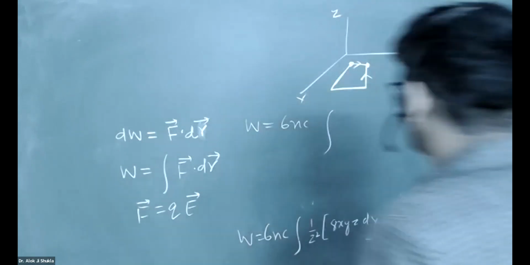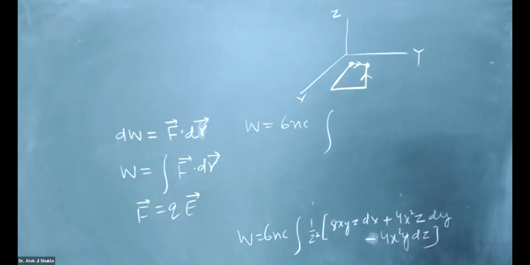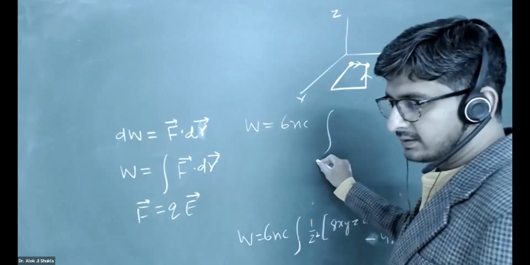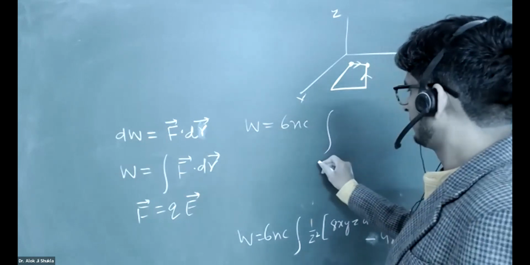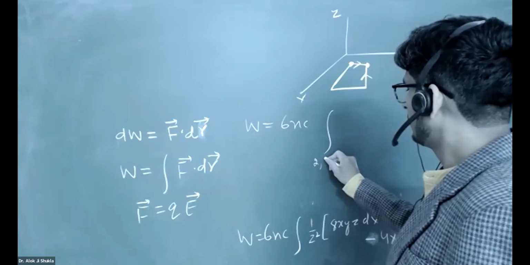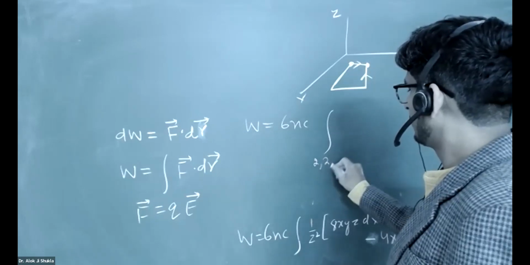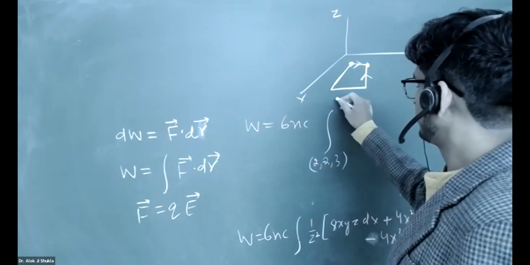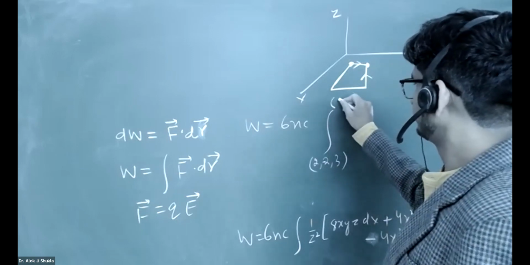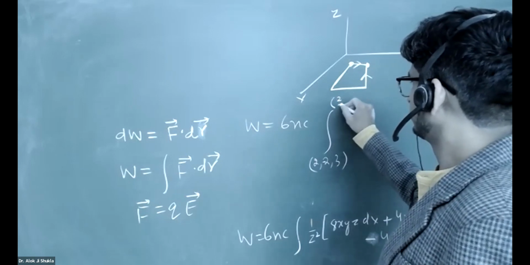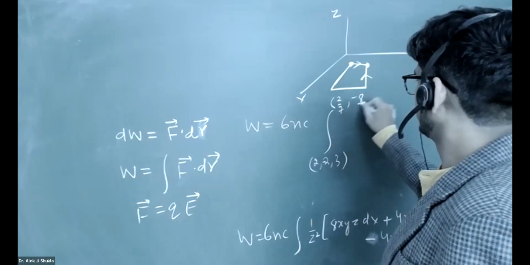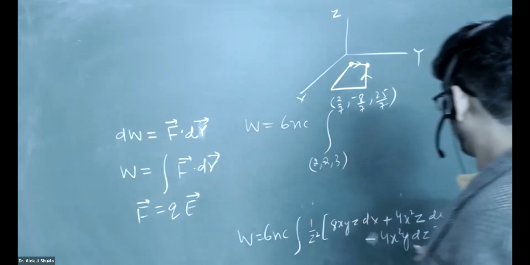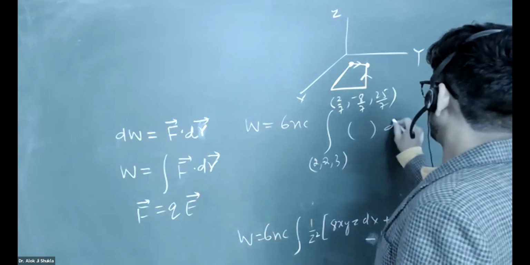So what you will do is 6 nanocoulomb integral. First of all, I will move along x. So that means x will change. So what was the point? 2 by 7 to 2, minus 2, 3. From x = 2 to 2/7, and whatever is there here, put it as dx.